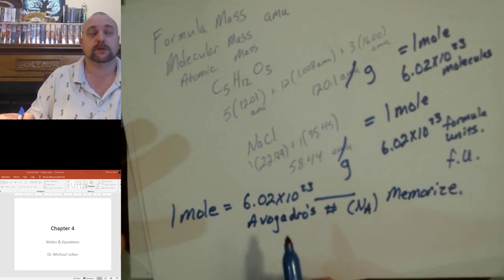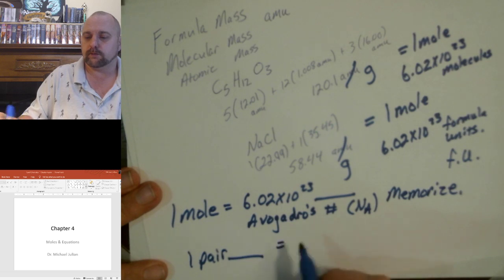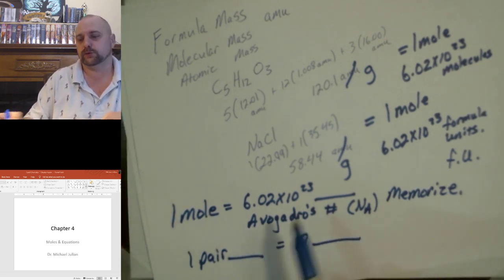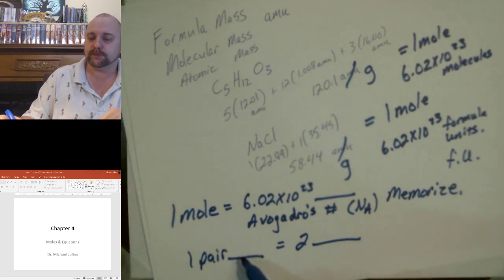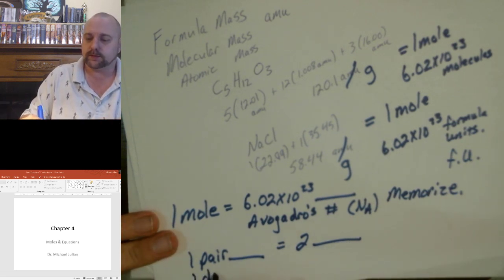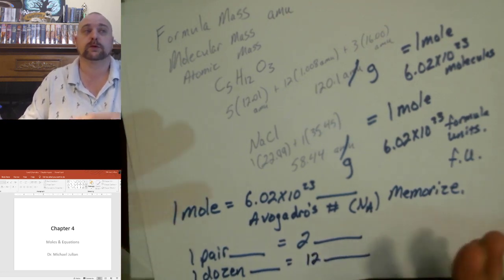But it's not any more difficult than one pair. A pair of whatever is 2 of whatever. A pair of shoes is 2 shoes. A pair of baseballs, 2 baseballs. A pair of roses, 2 roses. 1 dozen, whatever we're talking about, is 12 of whatever we're talking about.